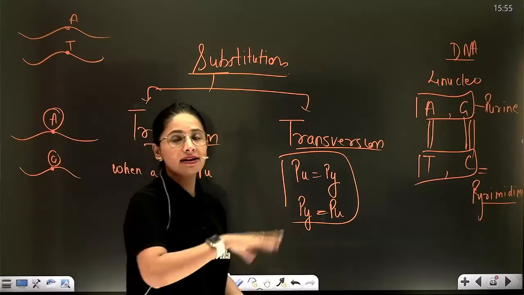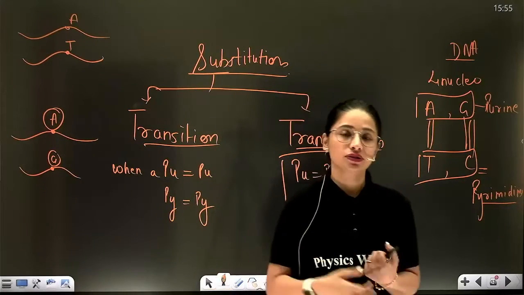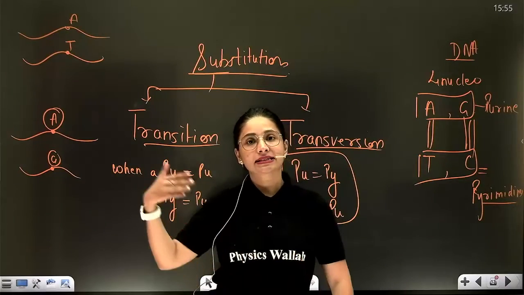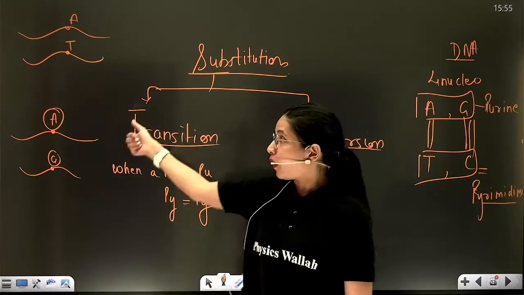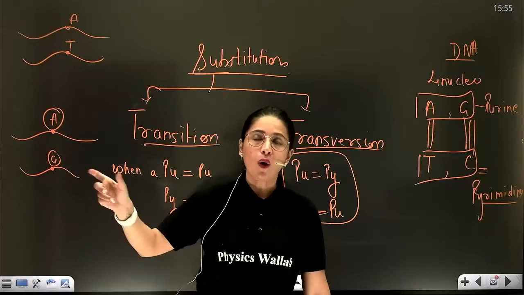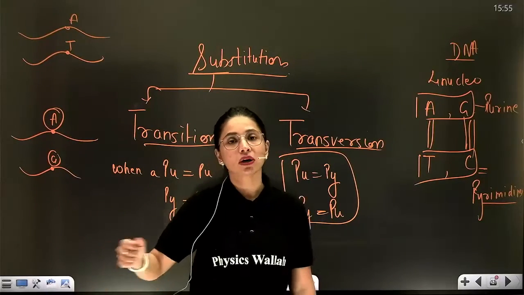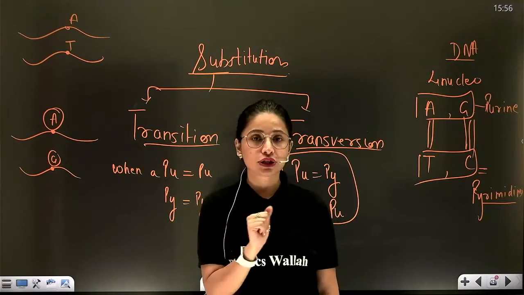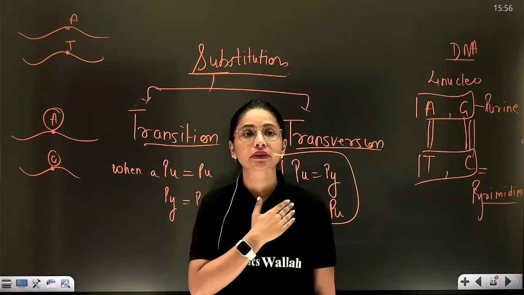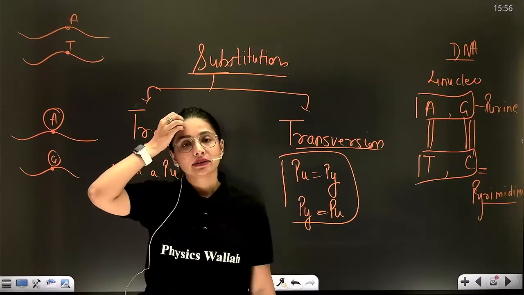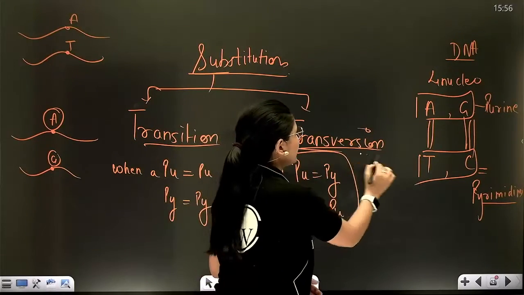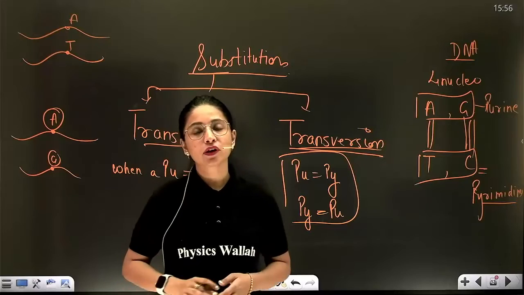Guanine was there, now it is replaced by cytosine. So when a purine due to mutation is altered by pyrimidine, or pyrimidine due to mutation is altered by purine, then this type of substitution gene mutation is known as transversion.